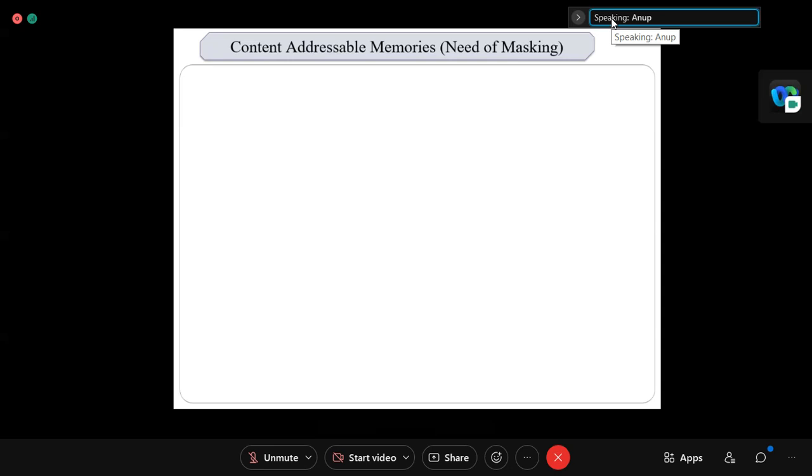What is masking? Masking means a cover, right? In other words, if it is wide open, then also it is masking.